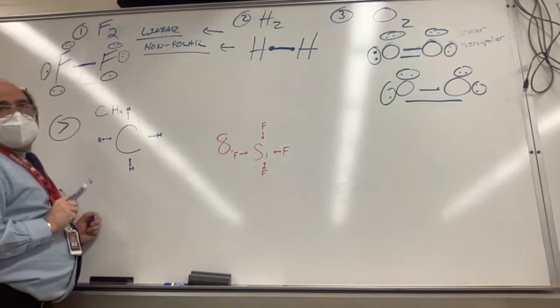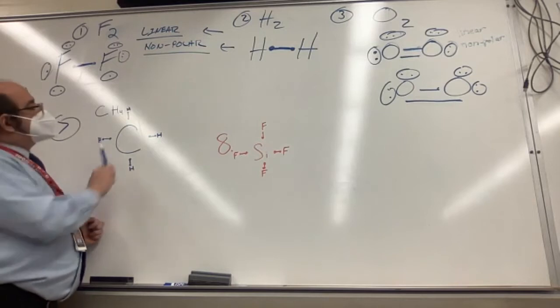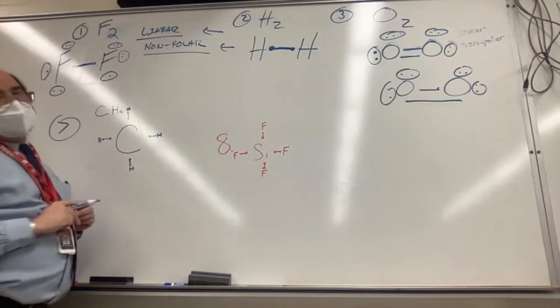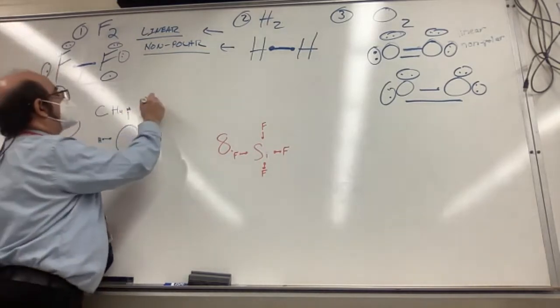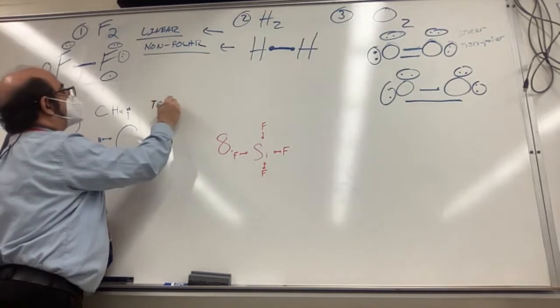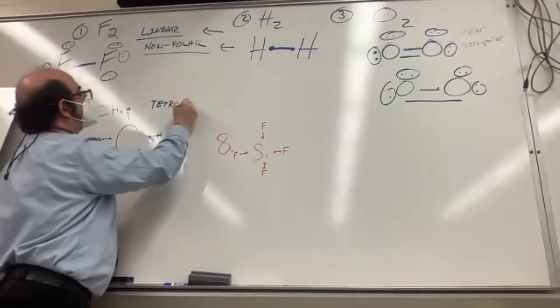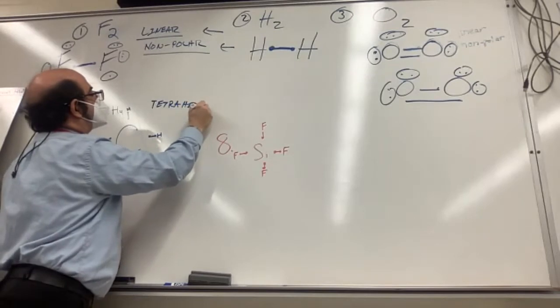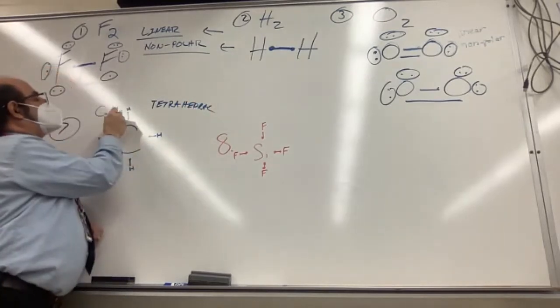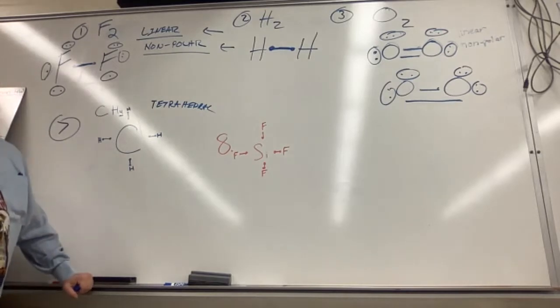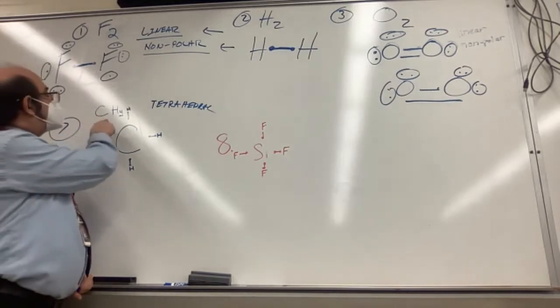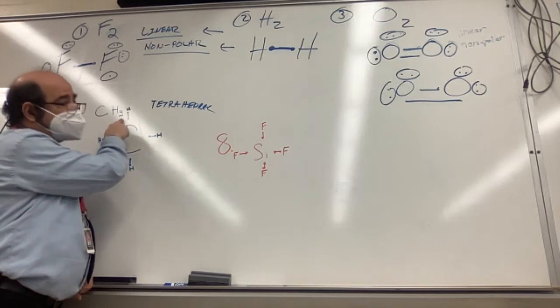We have to do shape and polarity. What's the shape? This shape is like for number 7. Tetrahedral. How do you know? 2 ways to know. One way to know that's kind of cheating is you look, there's 4 of them, and the name of this is tetrahydride.